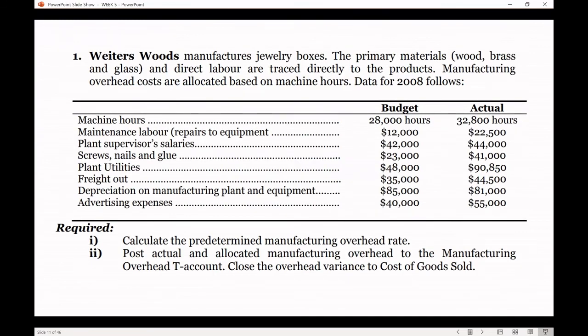So we would have finished one where we calculated our predetermined manufacturing overhead rate, or POHR, right? So next comes posting the actual and the allocated manufacturing overhead to your manufacturing overhead T account. So let's look at what that looks like.